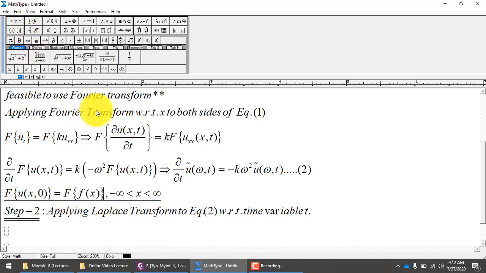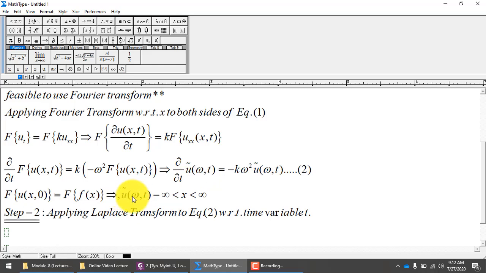The left hand side, instead of u, will have u tilde, and instead of x we will have omega, and instead of t we will have 0, because we know that t is 0.